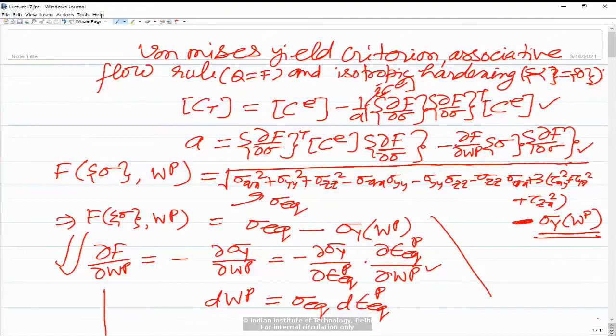Physically, why is it becoming unsymmetric? The reason is that the yield criterion and the flow rule, how the plastic strains are evolving, are different. This second part in CT is coming from the plastic strain term.